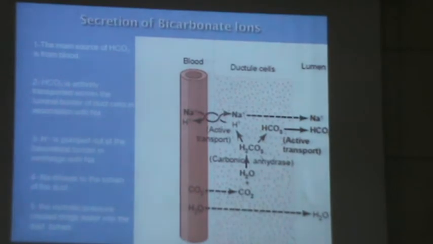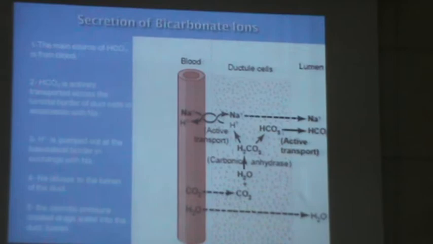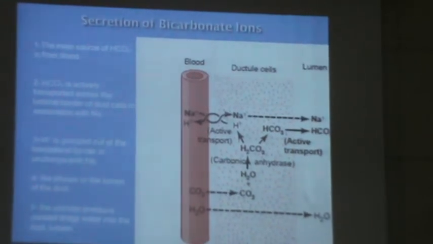From this blood supplying the pancreatic tissue, carbon dioxide will diffuse to the duct cells.